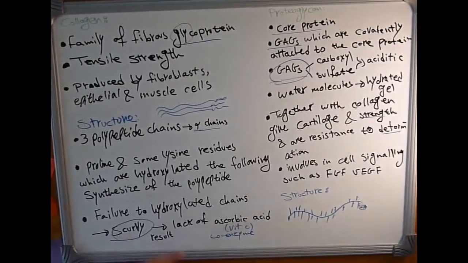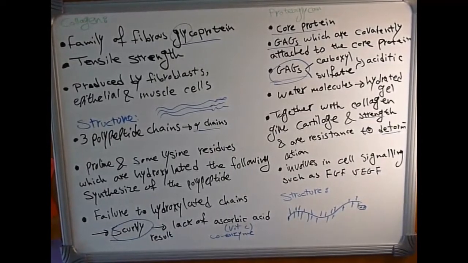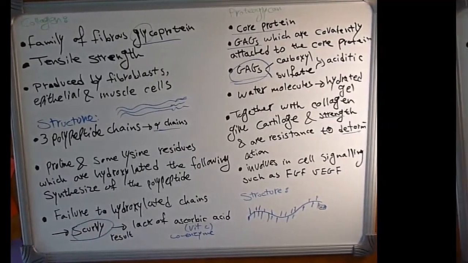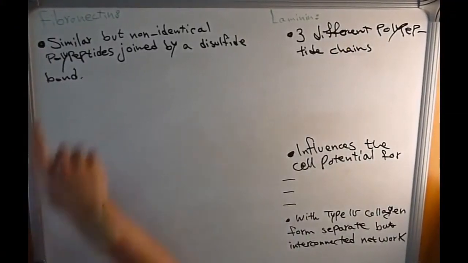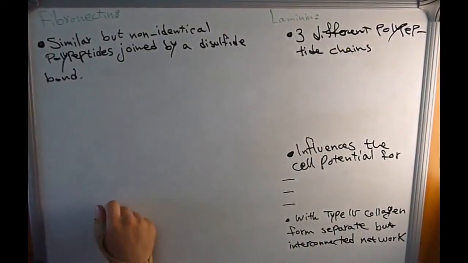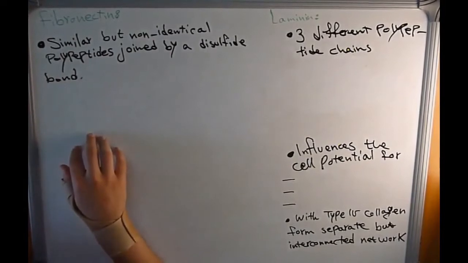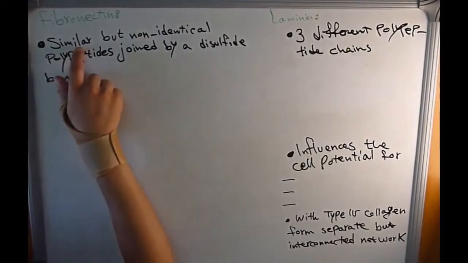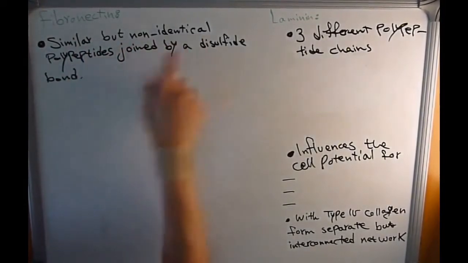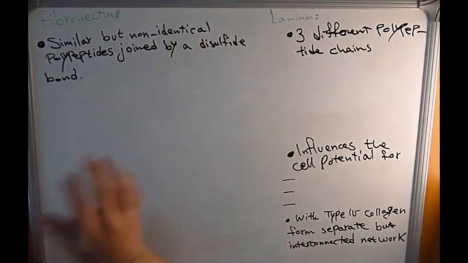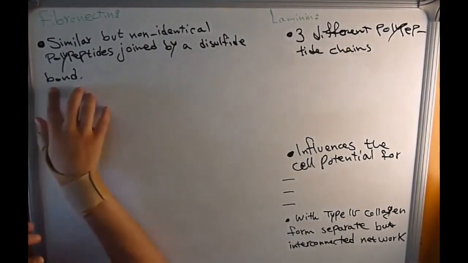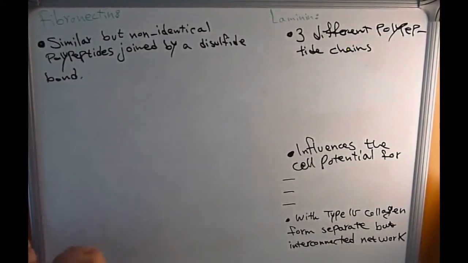Now we are going to talk about laminin and fibronectin. Okay, let's talk about fibronectin. The fibronectin consists of similar but non-identical polypeptides that are joined by a disulfide bond together.